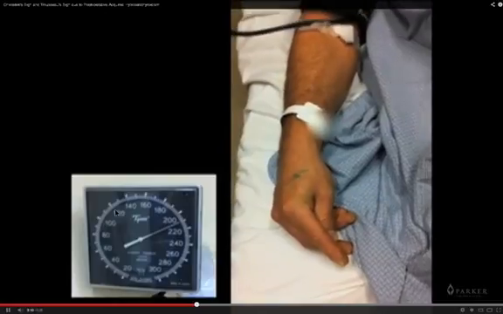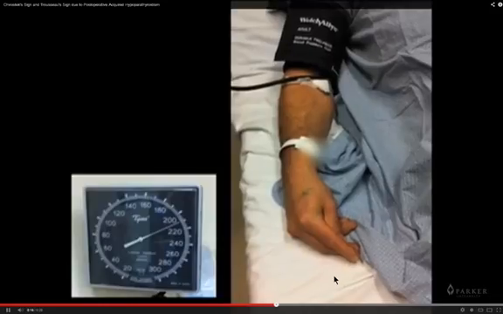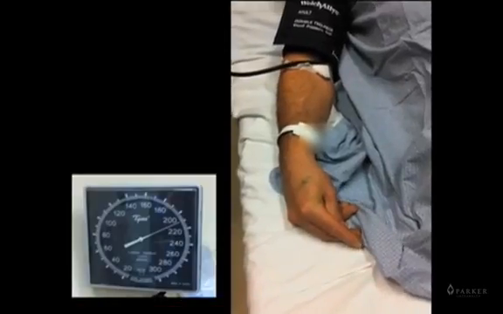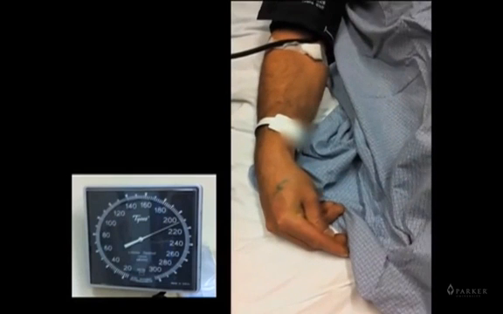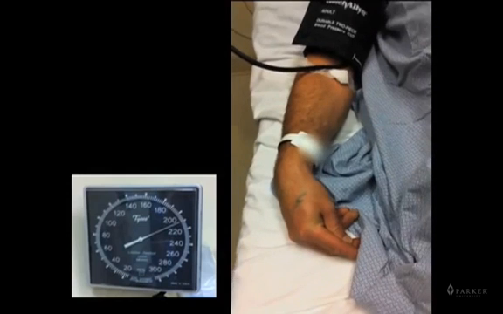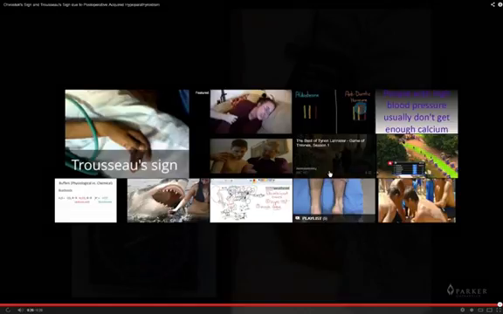Now here, they've got the cuff pumped up. We're just going to watch the subject's hand. In the carpopedal spasm that you're seeing, you get flexion of the wrist and flexion of the metacarpophalangeal joints, extension of the interphalangeal joints, and adduction of the thumb.